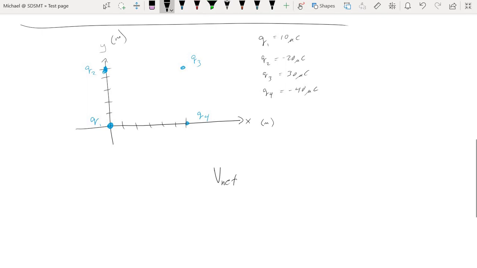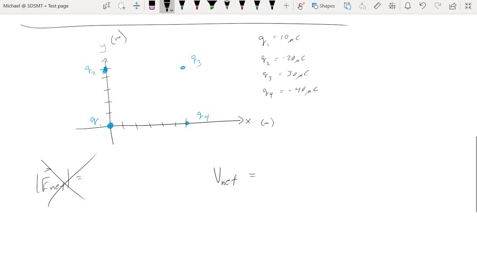Back in chapter 21, we asked the question, what is the net electric field at a given point in space? And for that, we had to use Coulomb's law along with some vector addition to put all of that together and get our answer. But now we're asking for a net electric potential.